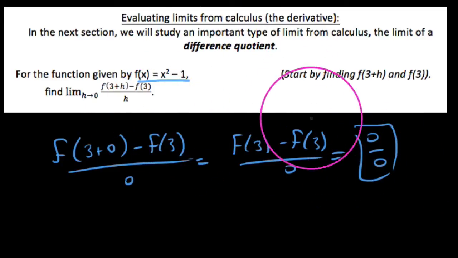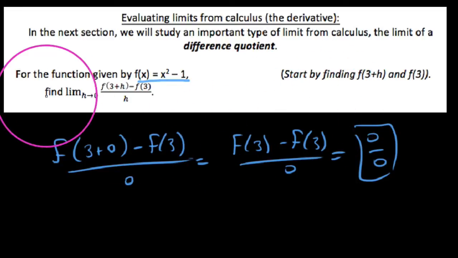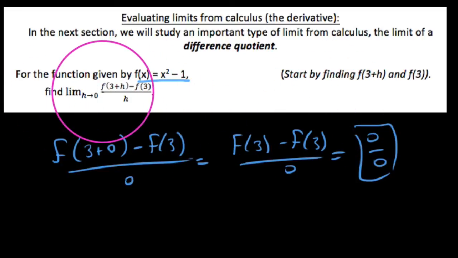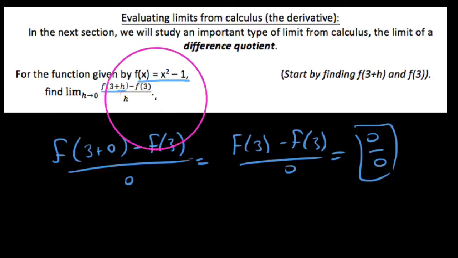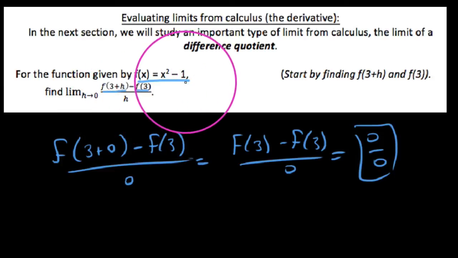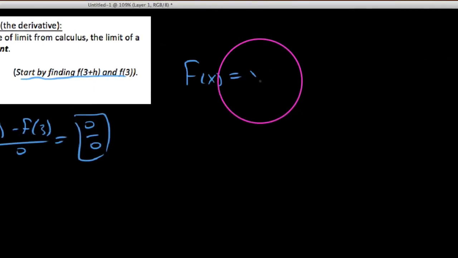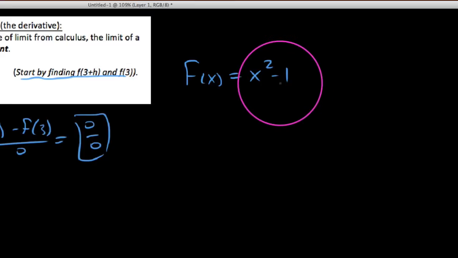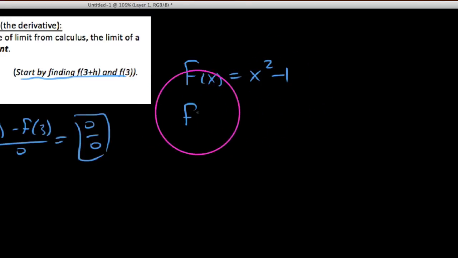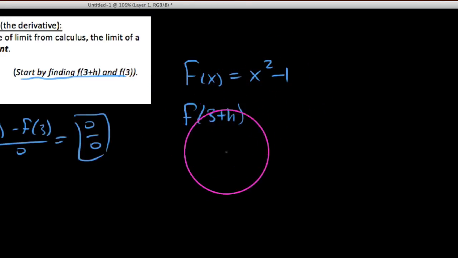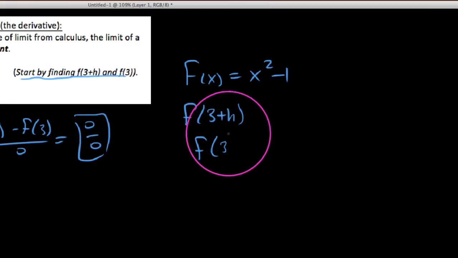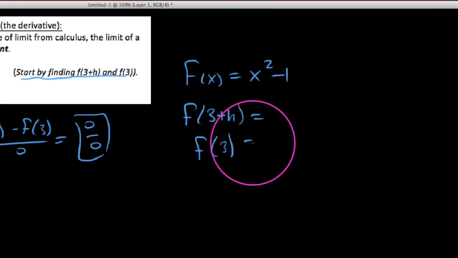So the way is going to be this. If I need to evaluate this limit, perhaps what we need to find first is f of 3 plus h and f of 3, seeing as how I do have the function. That's the recommendation that I make here. So we know that f of x is equal to our squaring function subtracting 1. Let's go find, off to the side, f of 3 plus h and f of 3, since we need these values anyways.